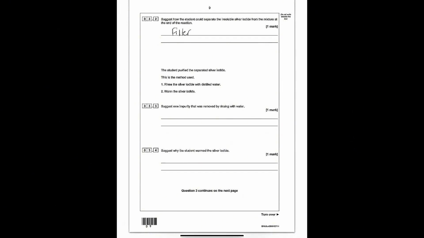So I'm going to write down here for 3.3 sodium nitrate. That was the impurity that was removed by rinsing it with water. Okay, so just why the student warmed the silver iodide. The reason why the student would have warmed it is just to evaporate the water that was in there.